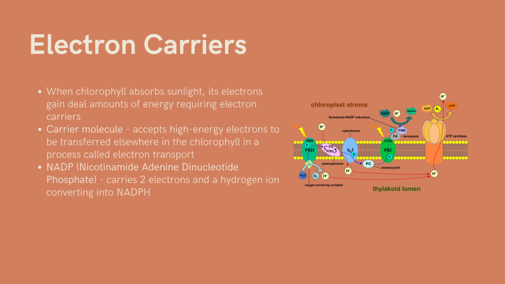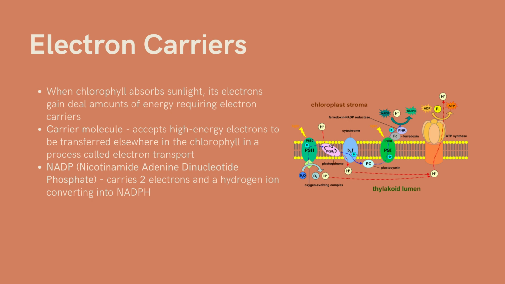An example of an electron carrier is NADP, or nicotinamide adenine dinucleotide phosphate. It carries two electrons and a hydrogen ion, converting into NADPH.